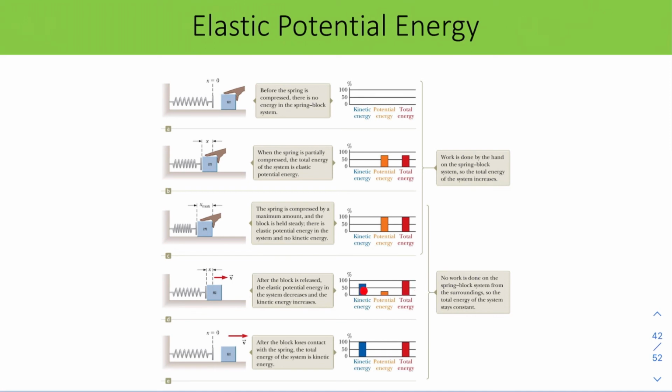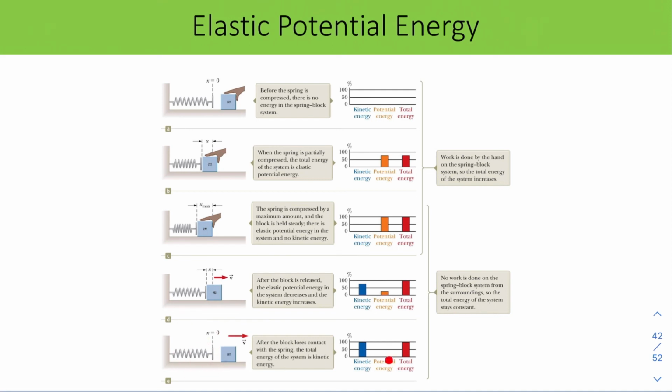If we add up the kinetic energy with the potential energy, it must equal the total energy of the system. After the block loses contact with the spring, the total energy of the system is kinetic energy only, because only the block has motion right now.